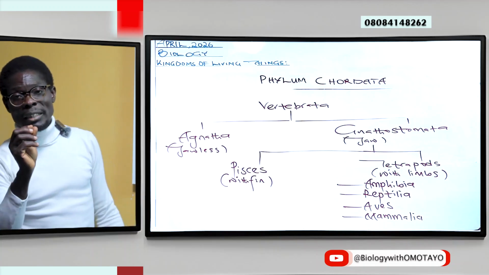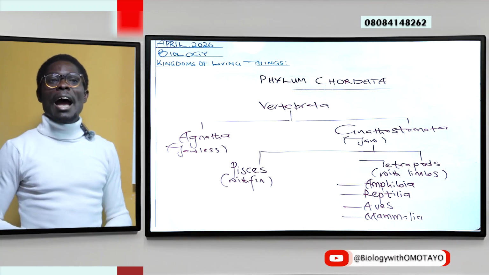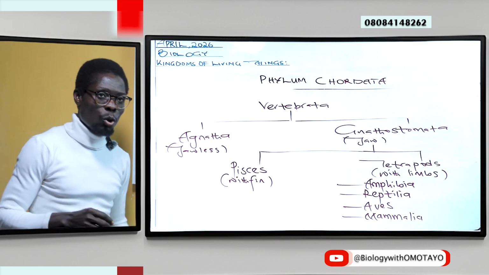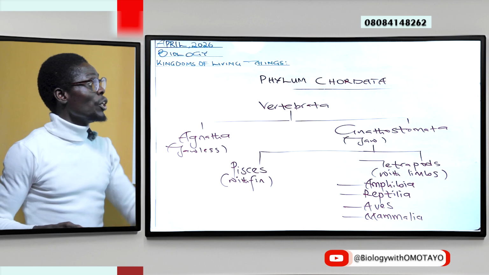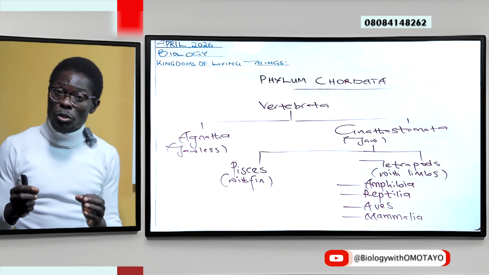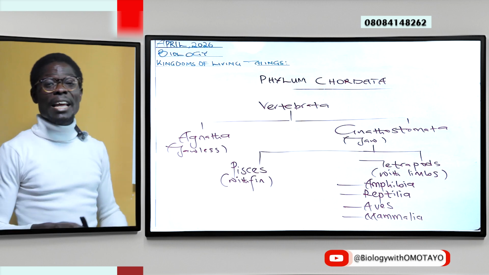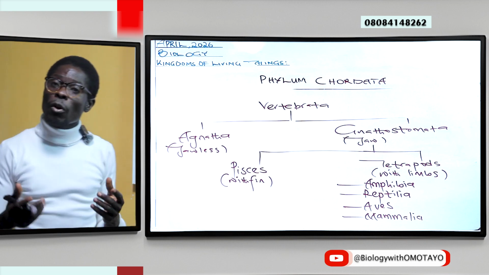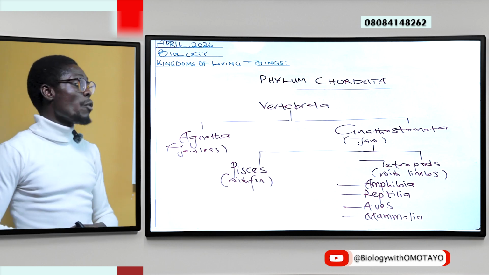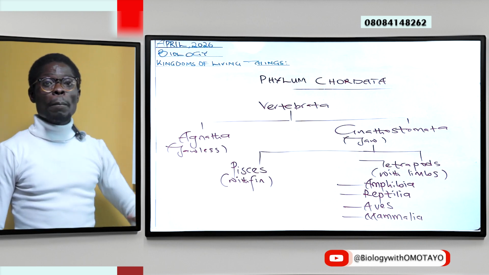Vertebrata is split into Agnatha, jawless, and Gnathostomata, the ones with jaws, which can equally be split into two: the ones with fins and the ones with limbs, the tetrapods.